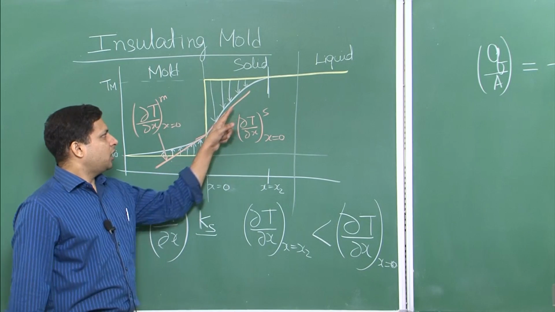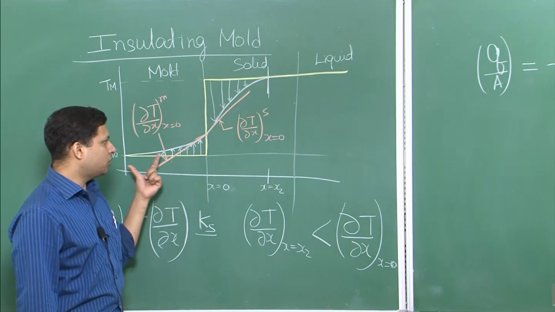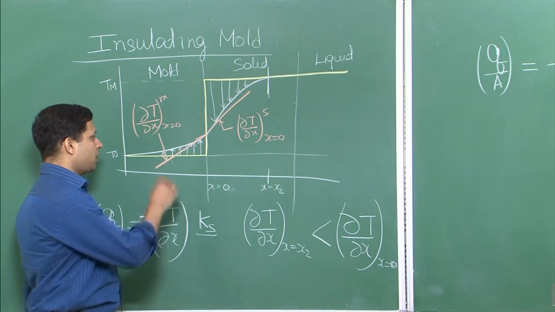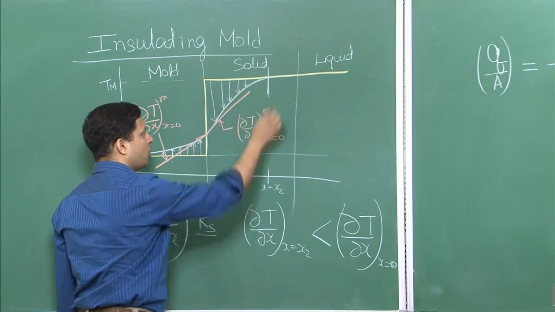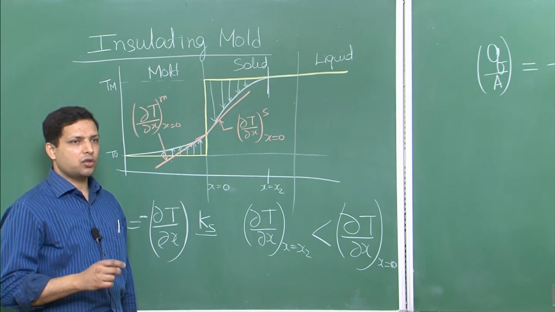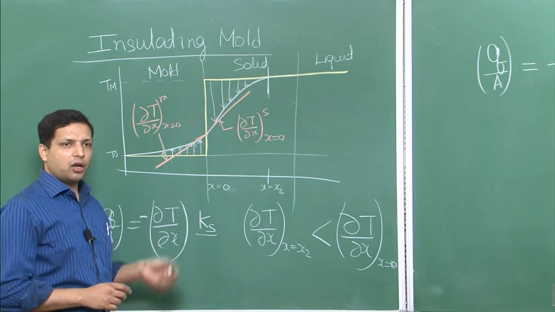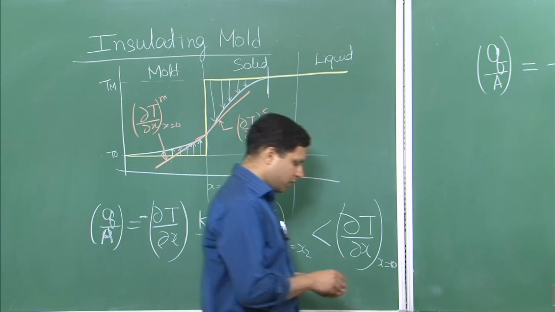Another thing that we should be aware of when we are talking about temperature profiles is that whenever there is a slope, it means that it is in a transient state, not in a steady state. Now if we had fixed this temperature T naught, then what will the steady state look like?